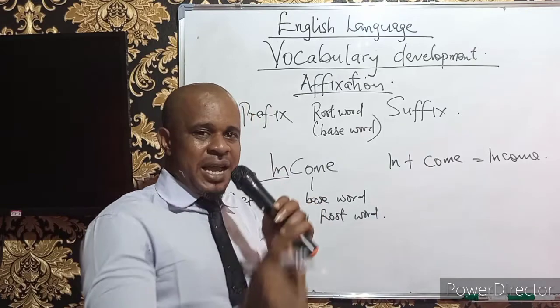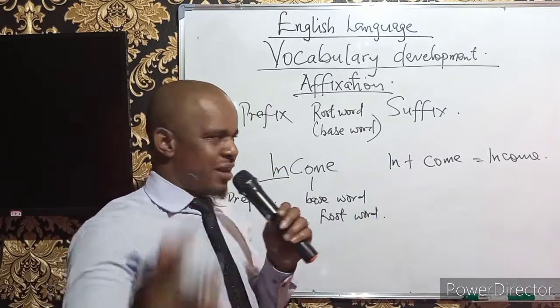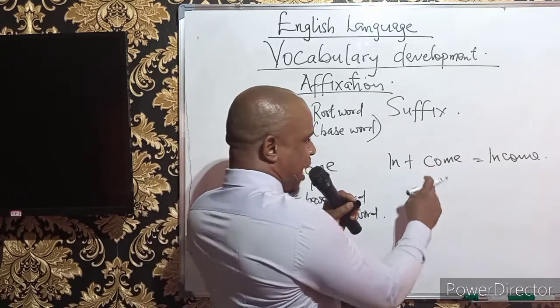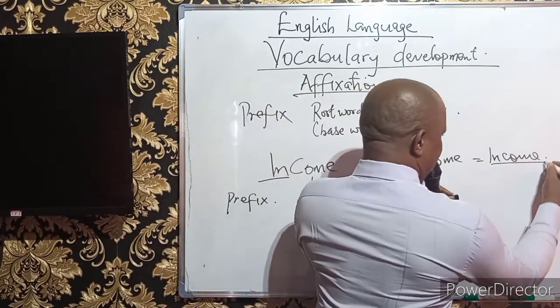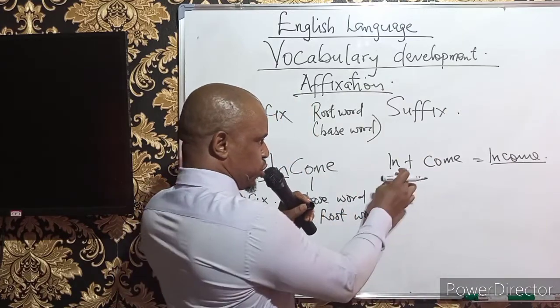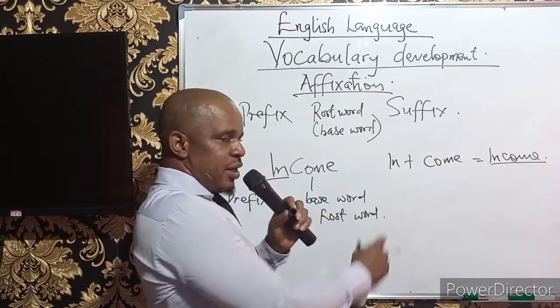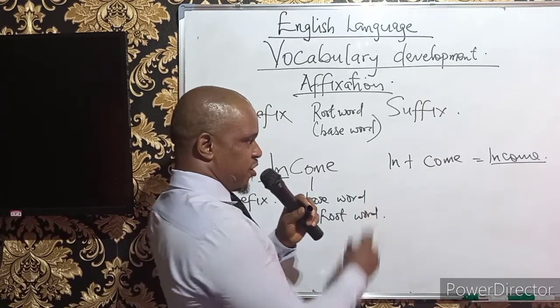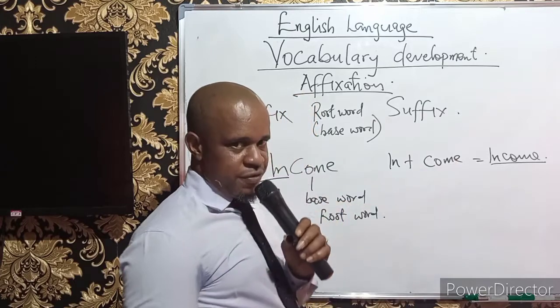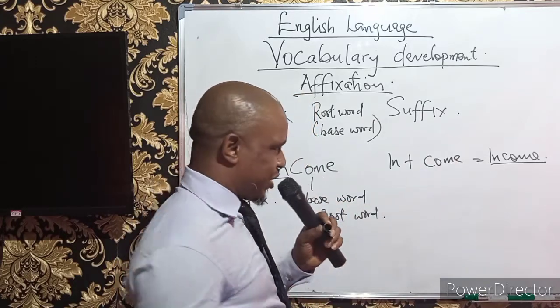Come is also an entirely different word, meaning another thing. But then we added the two. When we do that, we have what we call income. Originally, if you're an English language student, you should know what the word in means. It's a kind of preposition. And then we have the word come, which is a verb, which means another thing.